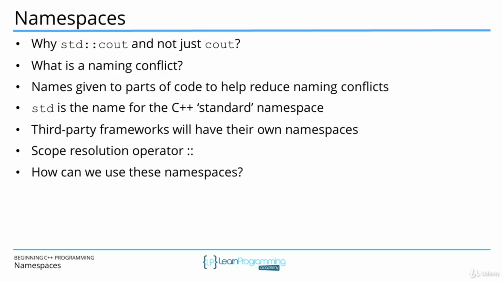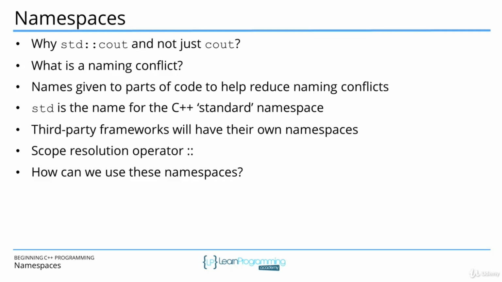Namespaces are used to reduce the possibility of naming conflicts. The :: operator is called the scope resolution operator. It's used to resolve which name we want to use. However, many programmers find it tedious to type std:: all the time when using cin, cout, endl, and so forth.